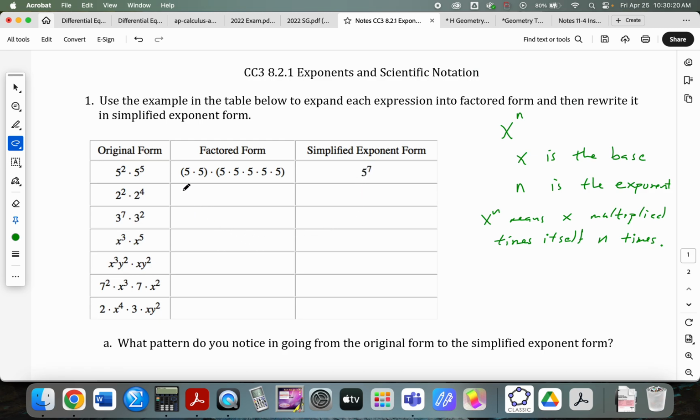So for this one, 2 to the second, that'll be 2 times 2, times 2 to the 4th, that'll be 4 2's multiplied together, is 2 to what power then? 2 to the 6th. All right, please do the next two.